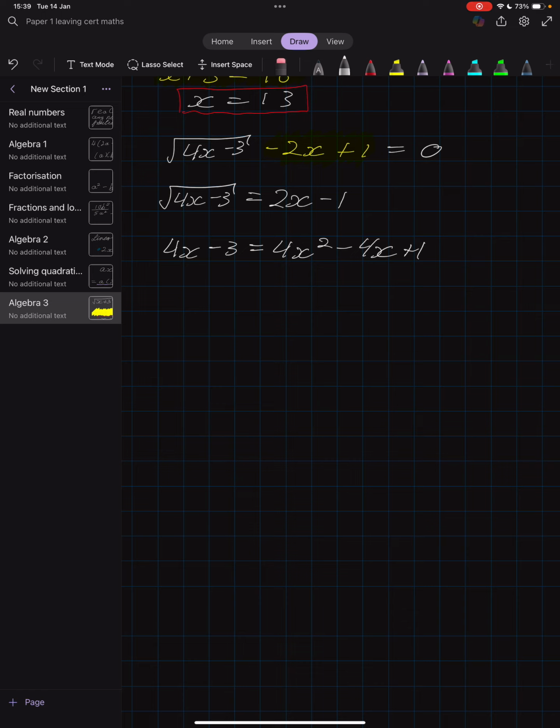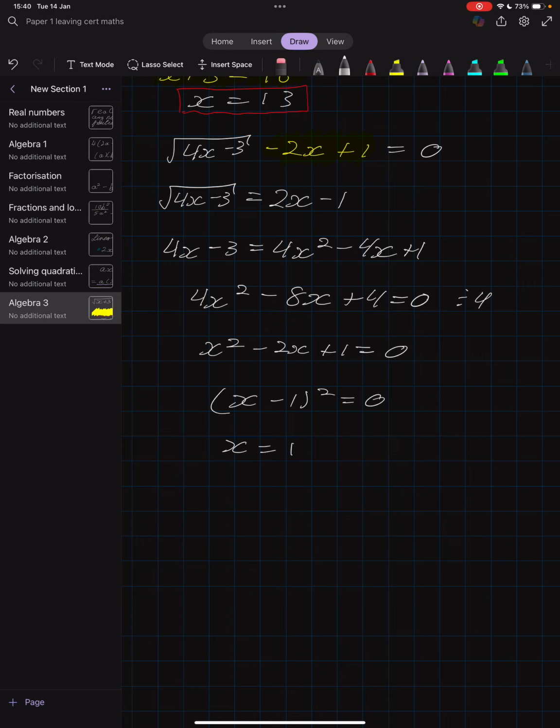So this is going to give me 4x squared minus 8x plus 4 equals 0. I can divide both sides by 4 and get x squared minus 2x plus 1 equals 0. This gives me x minus 1 squared equals 0, which means x equals 1. So x equals 1 in this case, okay?